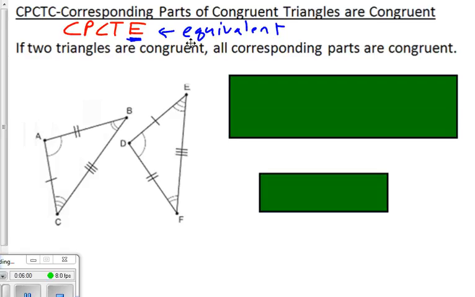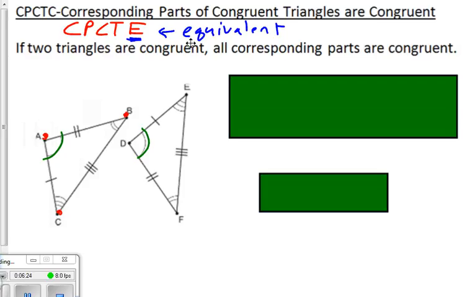Okay? So again, if we start with this triangle, A to B to C, and it's congruent to this triangle over here. Now we don't necessarily know which order it goes in yet, but if we look at it, we can see that we've got this one swoop angle with this one swoop angle.